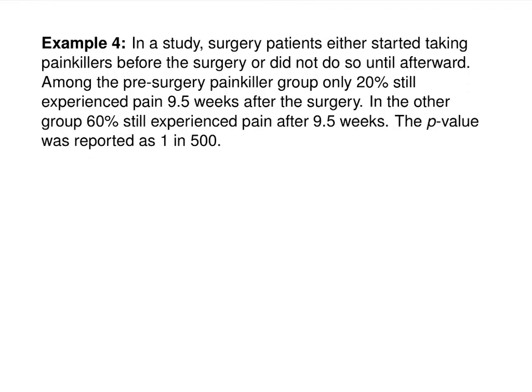The hypothesis was that it doesn't matter when you start taking painkillers. But among the pre-surgery painkiller group, only 20% still had pain 9.5 weeks later, and in the other group, 60% still experienced pain after 9.5 weeks. It's a pretty big difference, right? And so the p-value was reported as 1 in 500. So 1 in 500 as a decimal is 0.002, right?